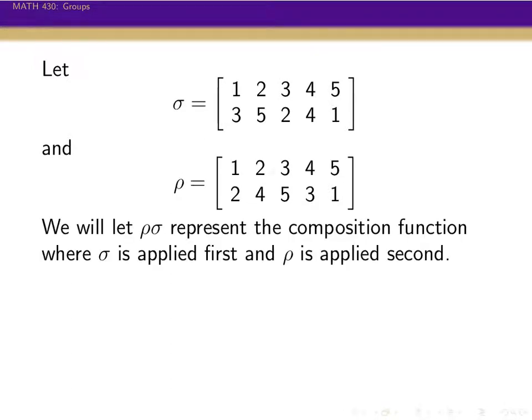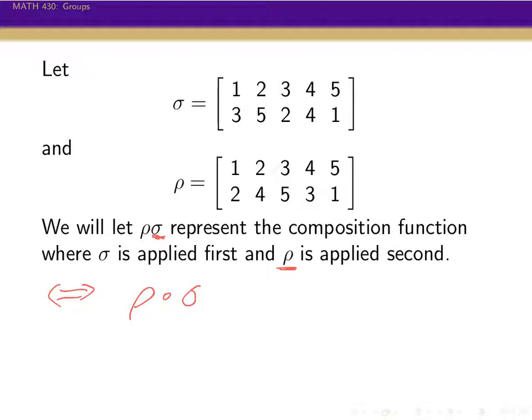So if I say rho sigma, this is going to represent the composition of the two functions. And in this composition, sigma is the one that's applied first, and rho is the one that's applied second. So we're writing rho sigma, but sigma is the one being applied first. You can think about this as similar to how we would write rho composed with sigma.